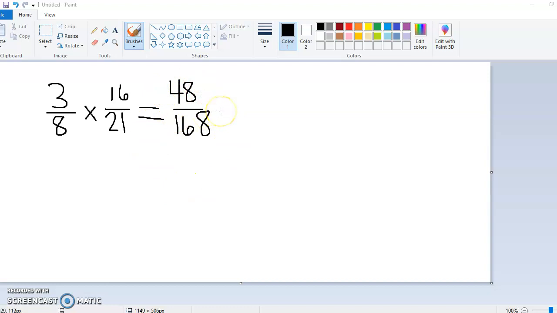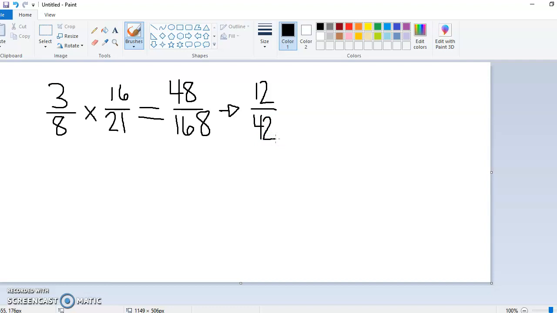So let's see if we can do some reducing here to make it a little bit more simple to look at. So I know that I can divide 48 by 4 as well as 168. So 48 divided by 4 is 12, and 168 divided by 4 is 42.